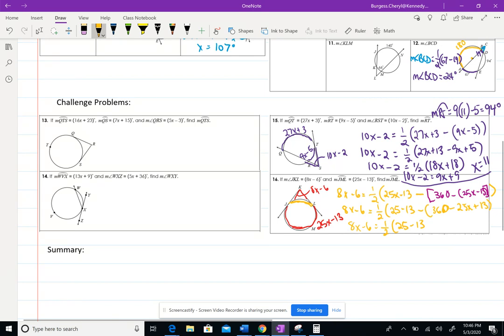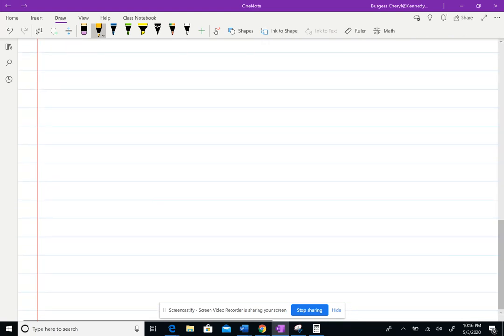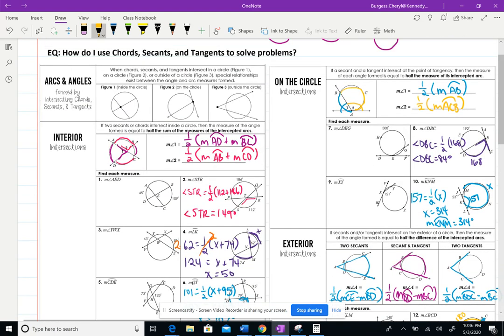So 360 plus 13 is 373 minus 25x. Okay, we're almost there. Bear with me. There's lots of lines. I lost my x throughout the whole problem, sorry. 25x minus 13 minus 373 plus 25x.